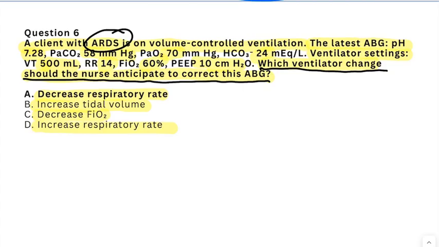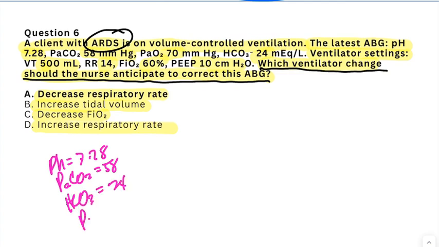Just that statement alone, we need to identify what kind of ABG abnormality this is. If you look at the data, we have a pH of 7.28, a PaCO2 of 58, a bicarb of 24, and a PaO2 of 70.